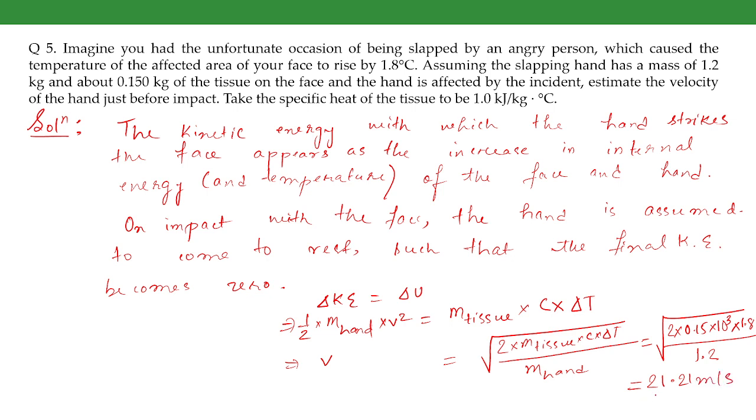As you can see, it is quite a significant velocity that you need to slap someone with to have this rise in temperature. So it is not that easy also. So better, why take so much effort? So the velocity of the hand just before the impact is 21.21 meter per second.